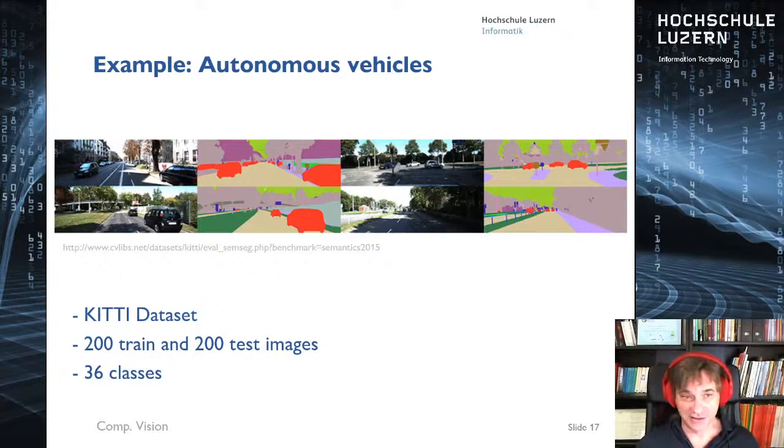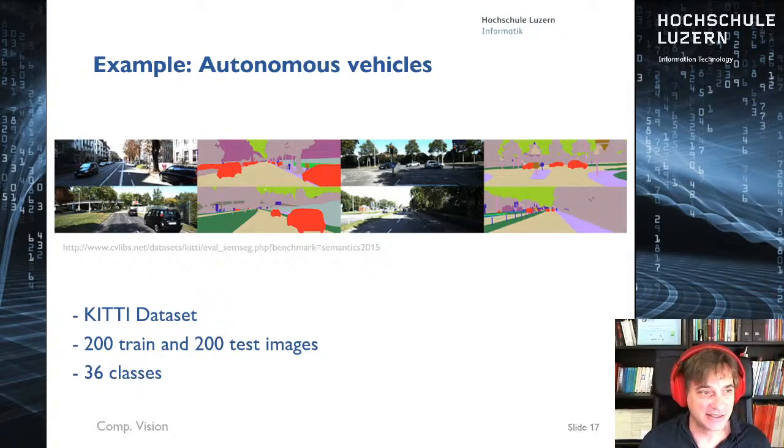Another very large area of research is of course autonomous vehicles, and there are also a lot of data sets here. We will see some examples more in a moment. In autonomous vehicles, you want to detect in real time what happens in front of your camera, like where are the cars, where is the road, where are any people, for example.